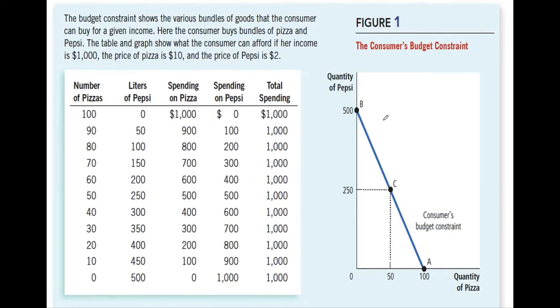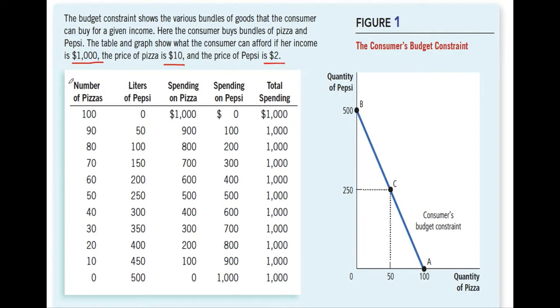So let's see this example. Here we have Harley, who is going to divide his income buying pizzas and Pepsi drinks. The pizza, as I said, is priced at $10, and Pepsi is $2. This table represents many possibilities, or many consumption bundles, for Harley.